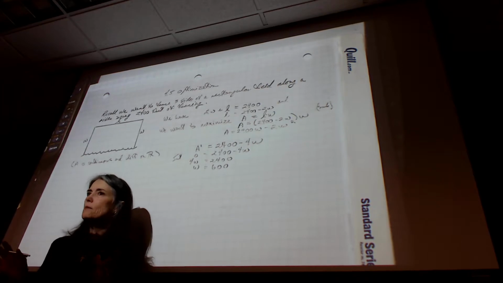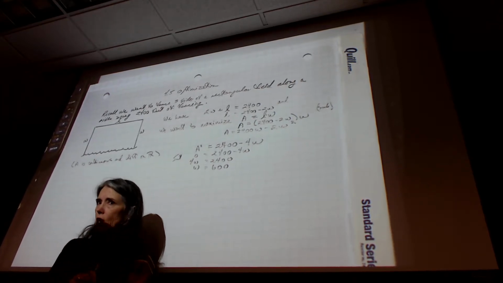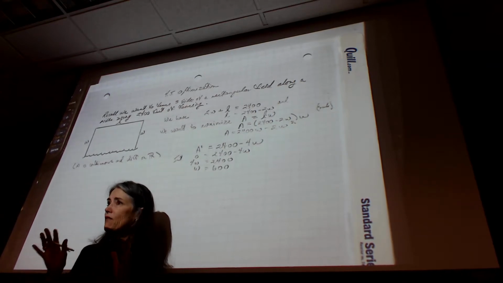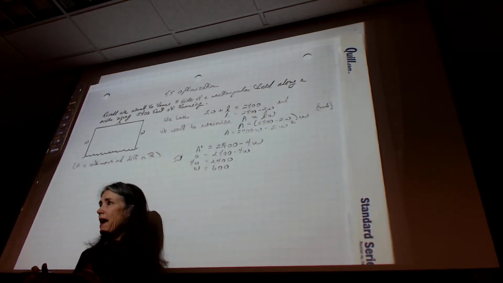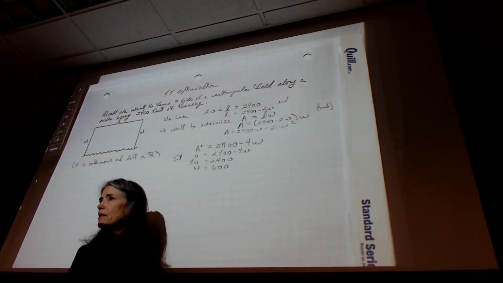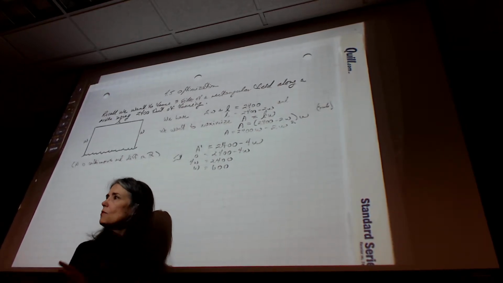Now, in these problems, I do want you to write a little note somewhere on that just to check that you have, in fact, verified that this was a max and not a min. We certainly don't want to minimize that area, but that's kind of ridiculous, right?